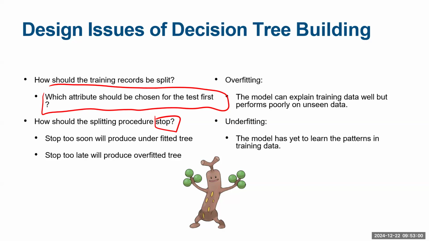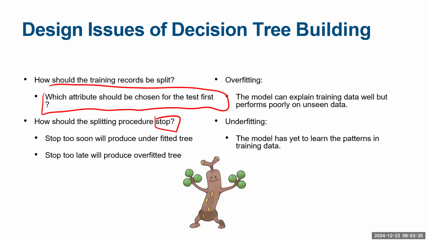We stop when all the data are in the same class, or you already split all the attributes, right? That is the stopping condition for Hunt's algorithm. But let's say your data have like 100 attributes, right? You want to split 100 times, that's going to be a very big tree, right?